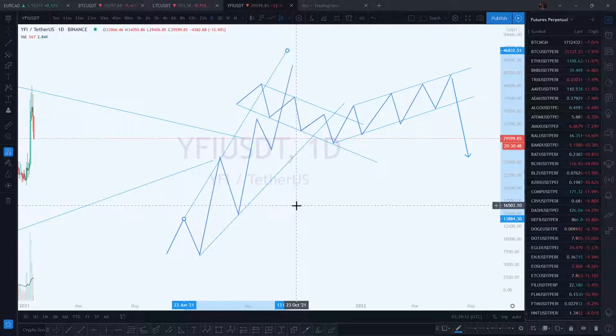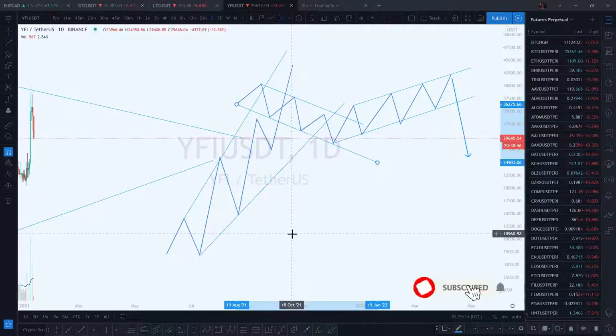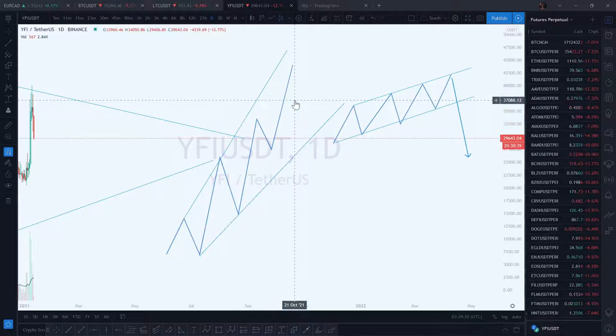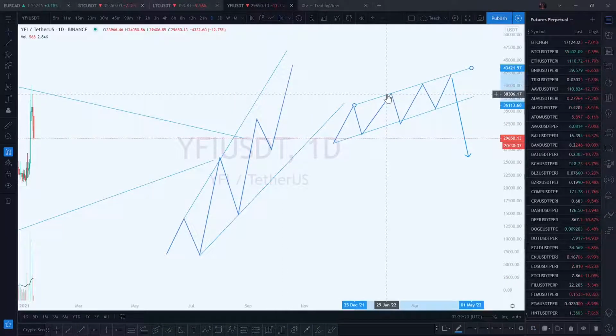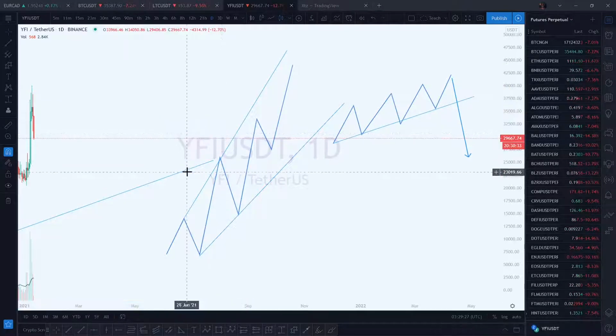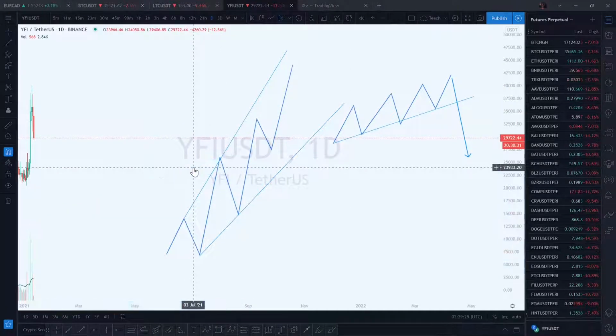You can no longer connect a perfect channel, so it's a parabolic move and you just follow the trend. In that case, you do not expect it to break down, even though it may break down for a correction, but then you just want to follow the trend and trade the trend.